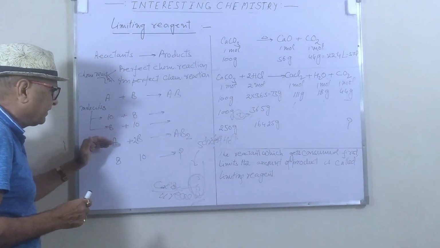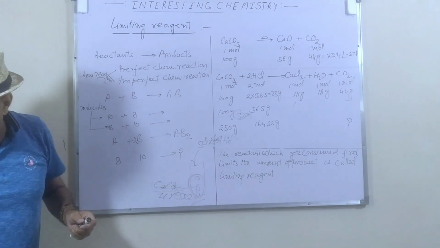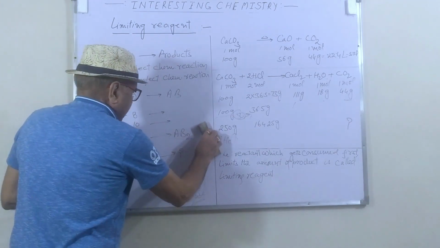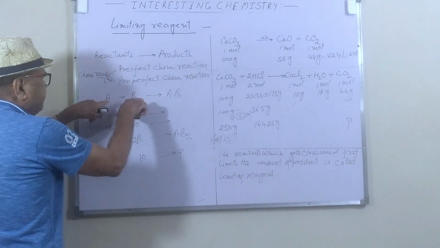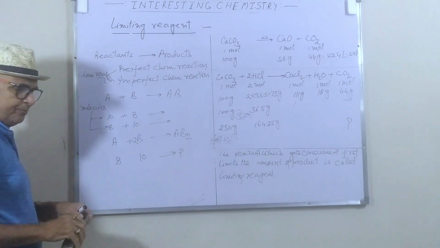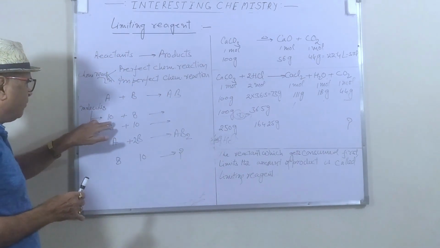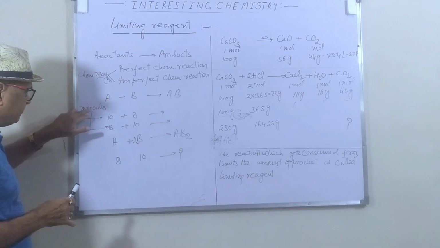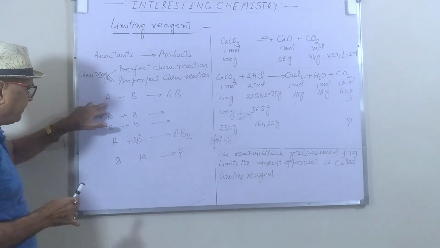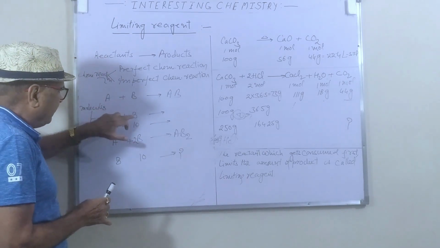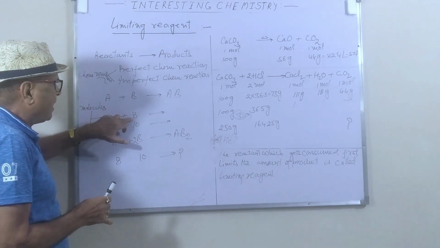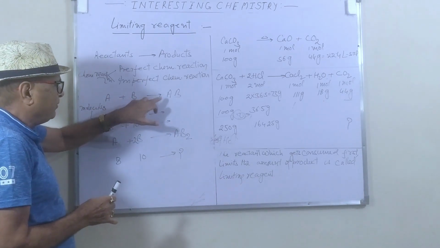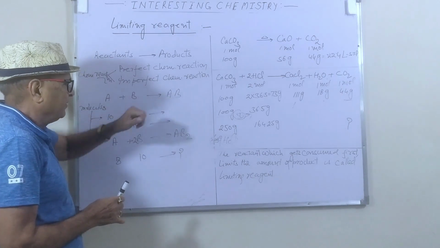Suppose I have taken an example for you. When A reacts with B to form AB, if you take 10 molecules of A and 8 molecules of B, how many molecules of AB will be formed?